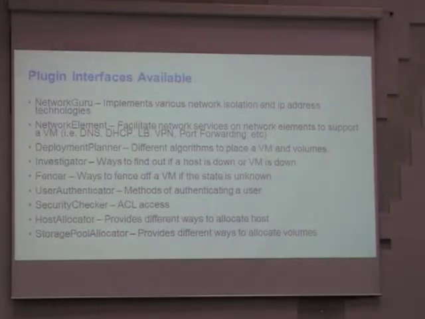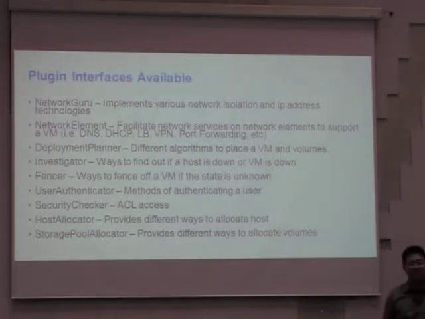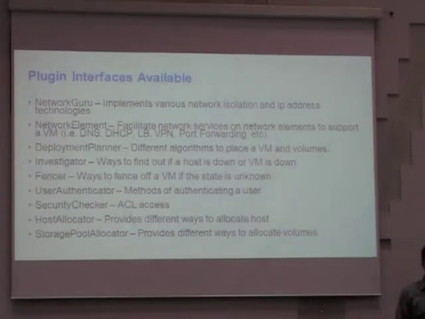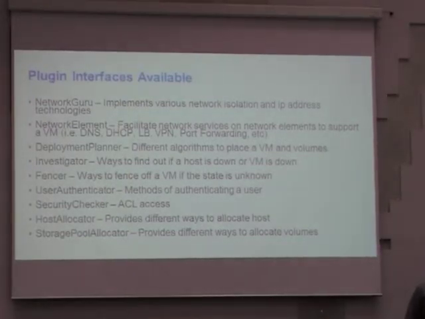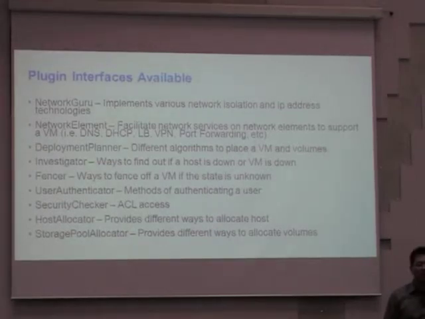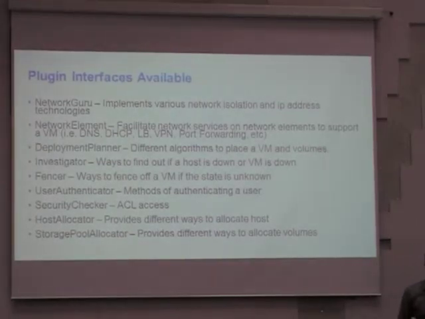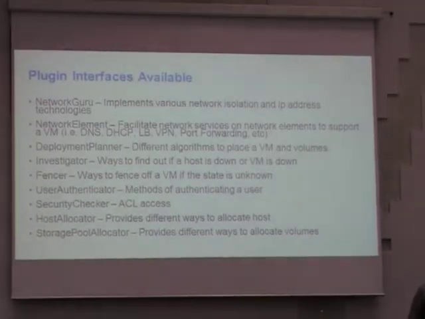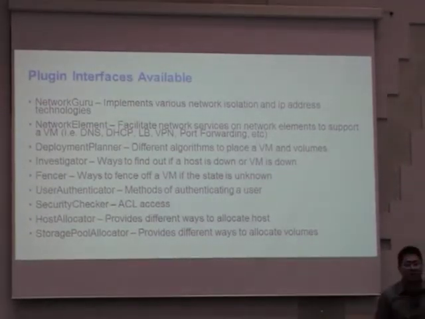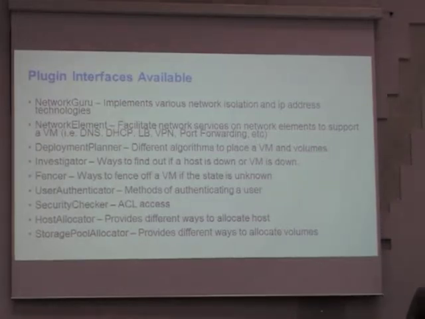Whatever the case is, CloudStack is going to do something to make sure that when a host goes down, we really know whether it's down or not, because we don't want to start HAing or restarting these VMs on a different host when they're already perfectly fine. We want to make sure that the user VM is really down before we do anything. Otherwise, you can get to scenarios where you have two VMs writing to the same disk at the same time, which is really bad.